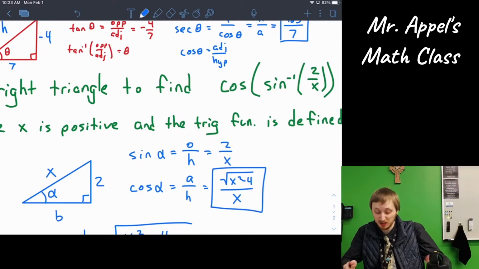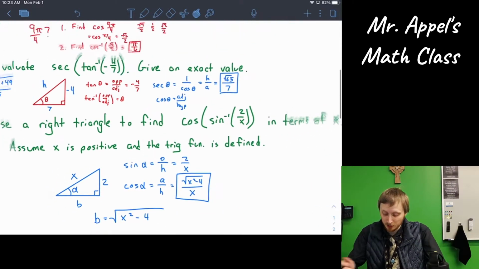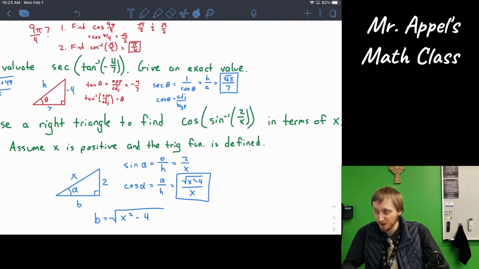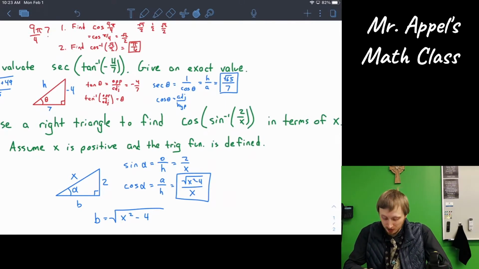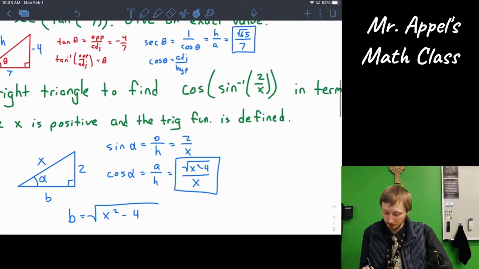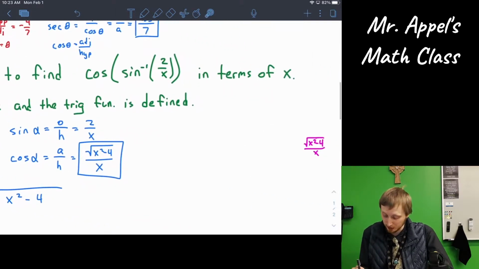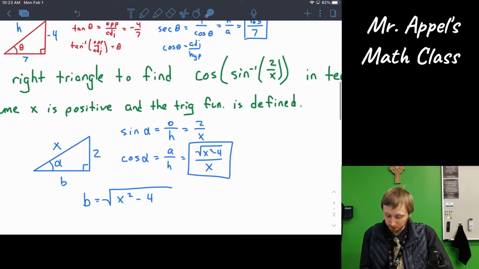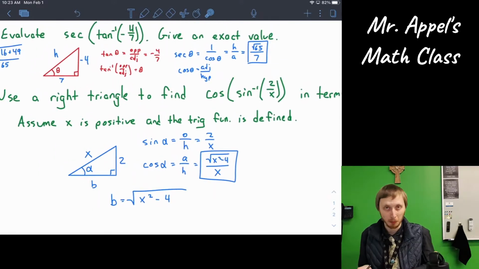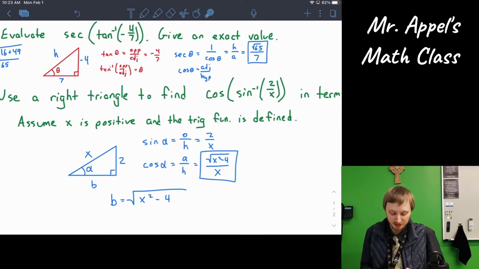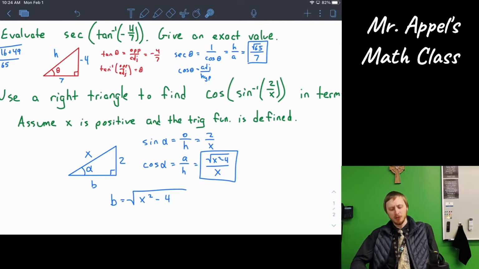That's a simplified fraction expression in terms of x. That's it. That's our answer. I can check with my answer from ahead of time. Yep, there it is, right? There we've got it. Oh, that's really convenient. Good job, right triangles?